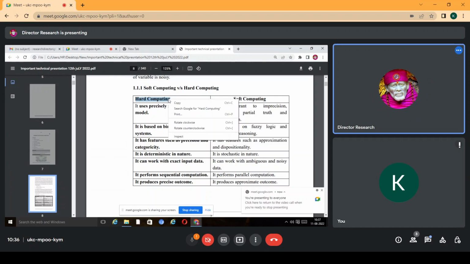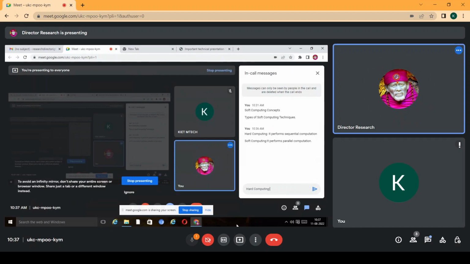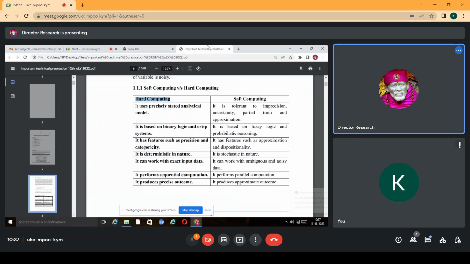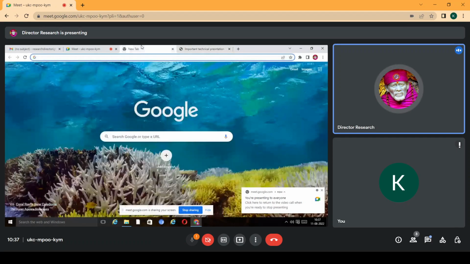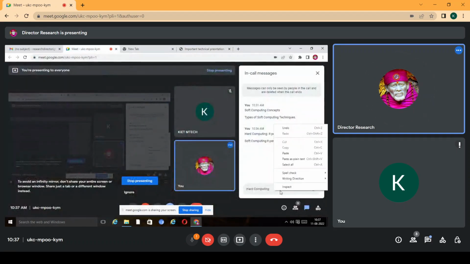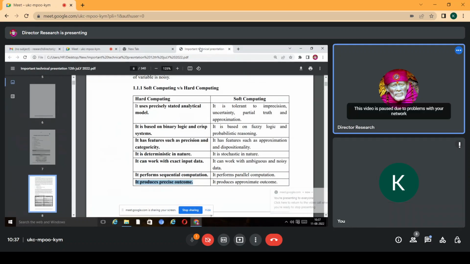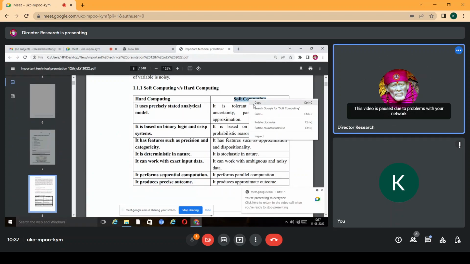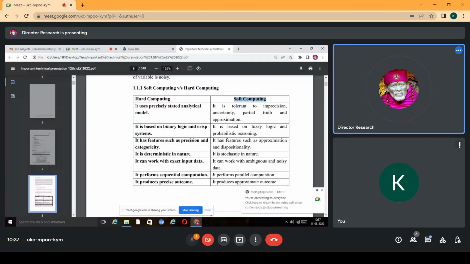This is also an important one. Hard computing produces precise outcome, whereas soft computing, just see here, produces approximate outcome.